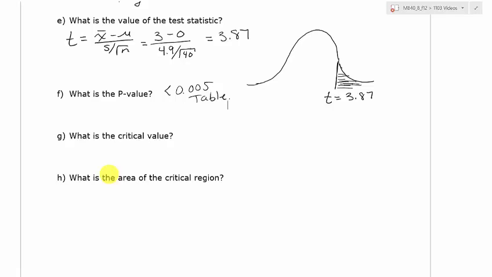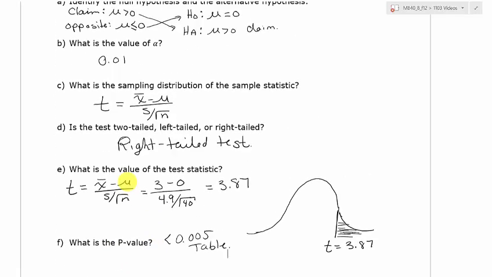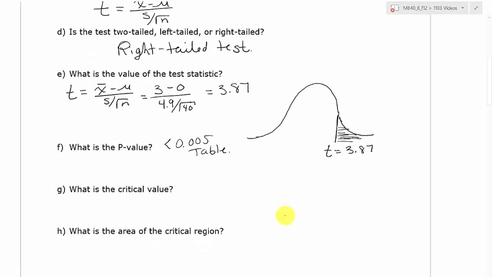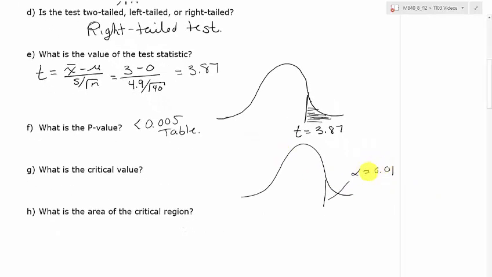We can find our critical value. So the level of our test was 0.01, and this is an area in just one tail. So we can find this using the table.